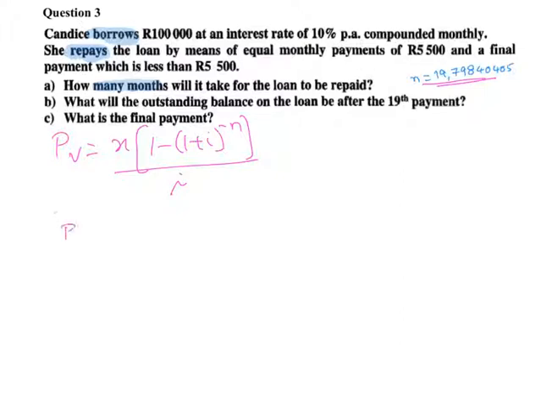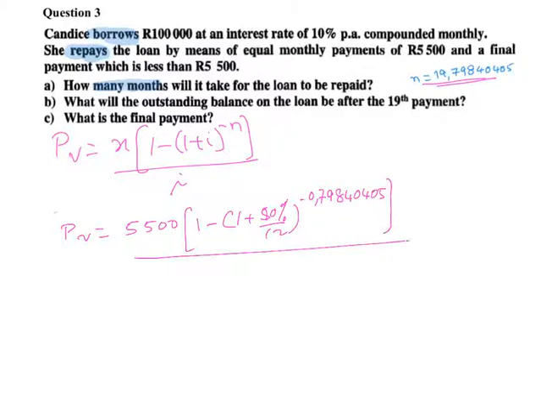So what is my balance period? My balance period is going to be X. Of course, I am going to pay 5,500 for 19 months, with 1 plus 10 percentage by 12. My balance is going to be 19.798. So that is going to be my balance period, right?